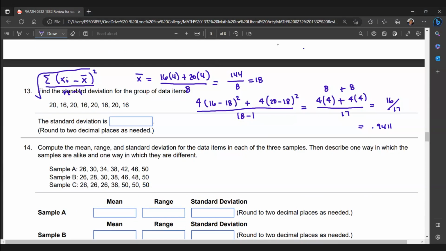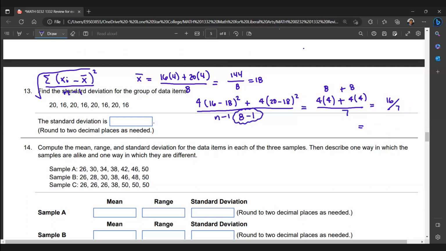Okay, so I made a critical mistake here because I don't know why I put 18 there. That should have been 8, the number of data items minus 1. So that was really funky. Divided by 7. So again, the number of data items minus 1. I don't know why I put 18.